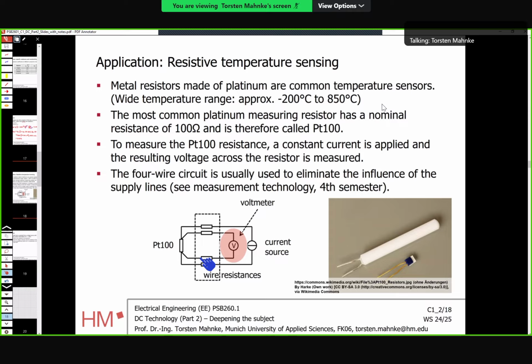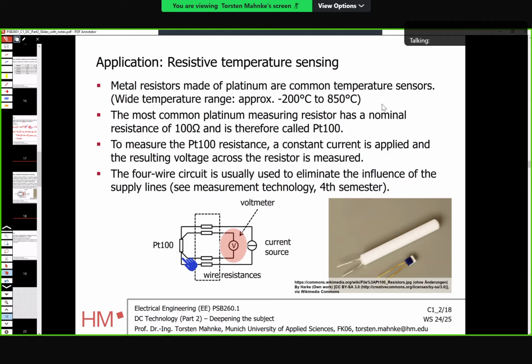But we do not measure the voltage here outside the chamber. We measure the voltage using a voltmeter and additional 2 wires. So we feed the wires coming from the voltmeter also into the chamber, and we measure the voltage directly between the 2 terminals of the sensor.